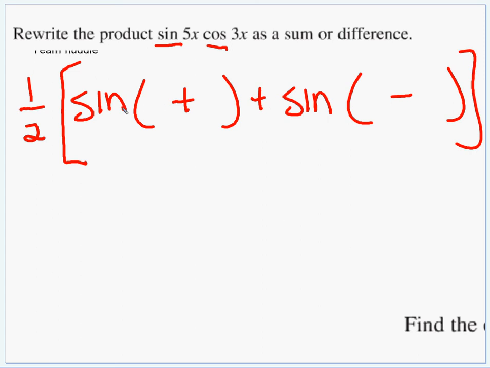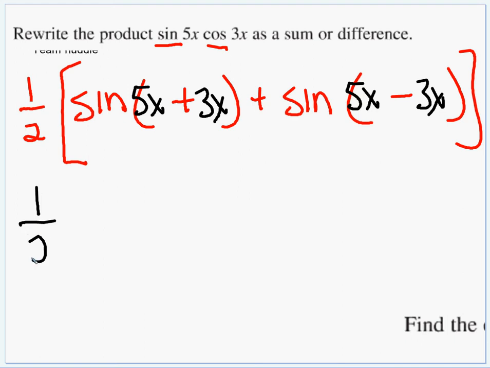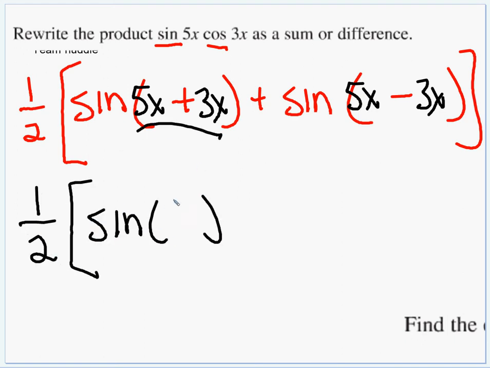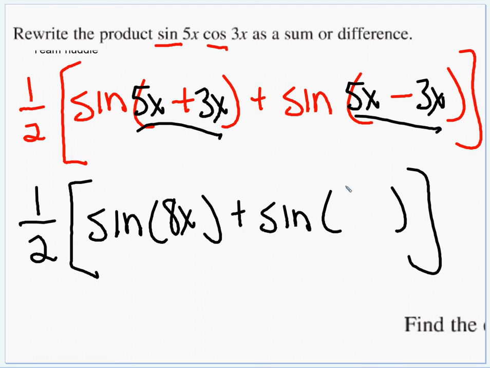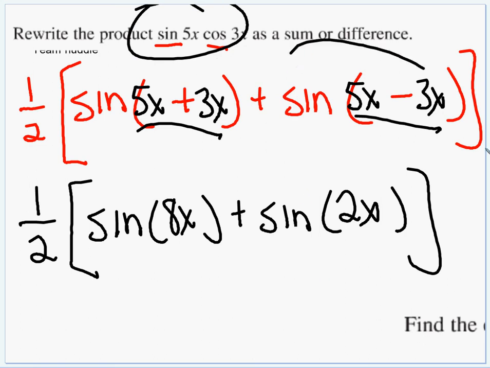All right, and then we populate in the angles. 5x goes in first, 3x goes in next, and then another 5x and another 3x. So now we get 1/2 bracket sine of 5x and 3x add up to 8x plus the sine of, when we subtract them, we get a 2x. And there's our final answer. We rewrote the product as a sum or a difference.